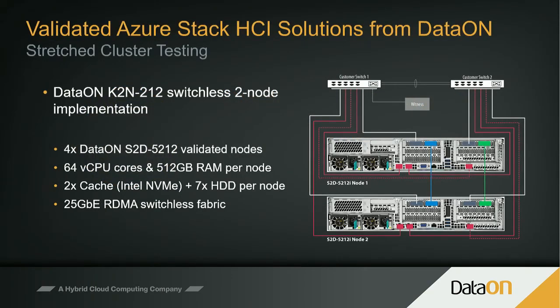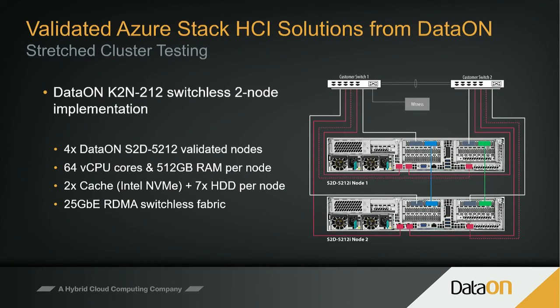First I'll start off with the foundation of what I deployed this stretch cluster with. As you can see on the slide, I had 4 DataON S2D 5212 nodes, each with 512 gigs of RAM, each node having Intel's P4610 NVMe drives for cache, and 7 spinning disks for capacity.